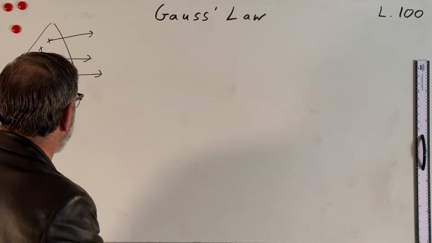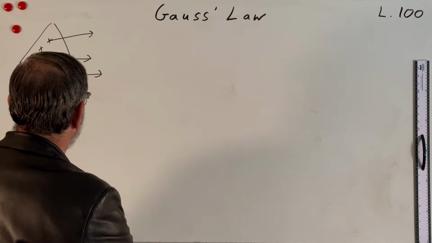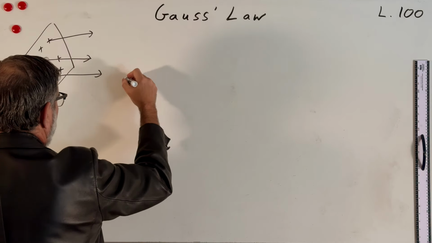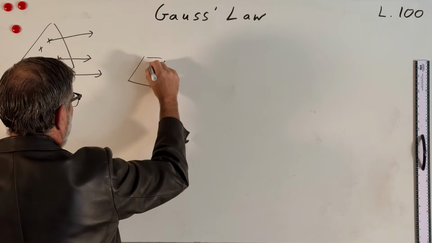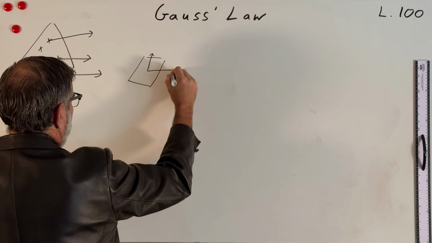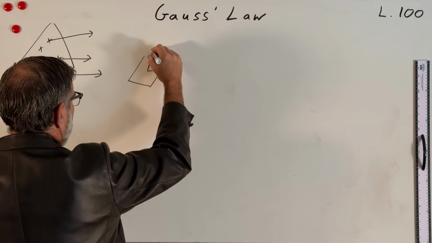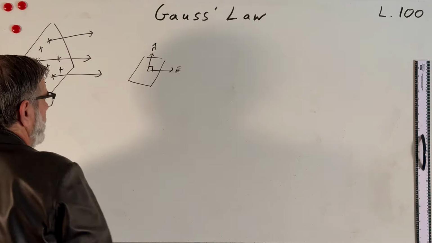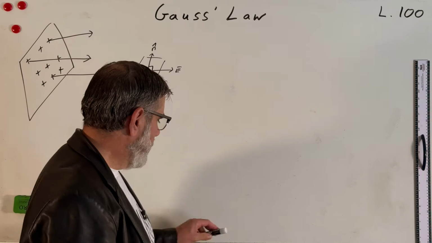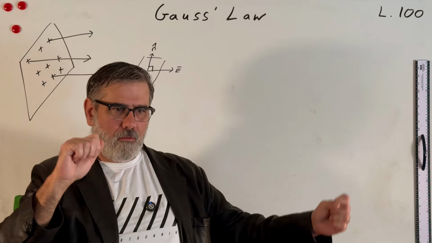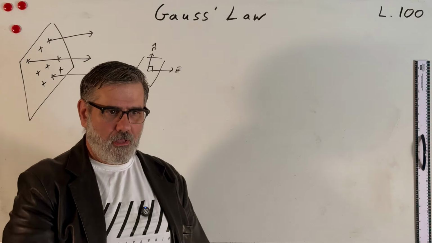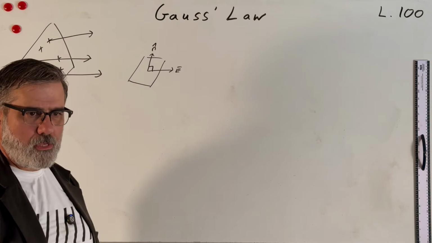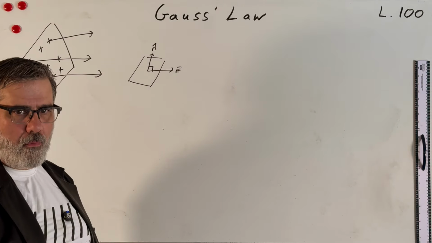For starters, what if I took a surface in the plane such that a normal vector to that surface makes a 90-degree angle with the electric field? It's kind of holding it edge on. How much is going to pass through the surface if I hold it flat with respect to the field?